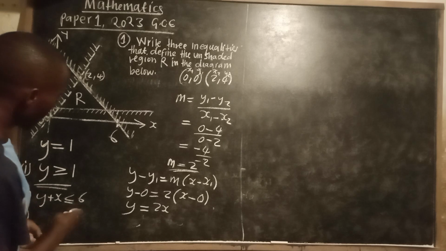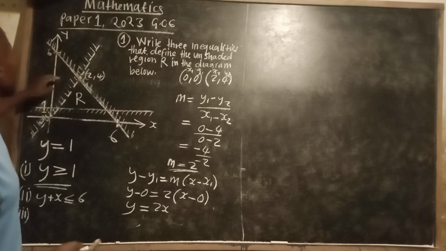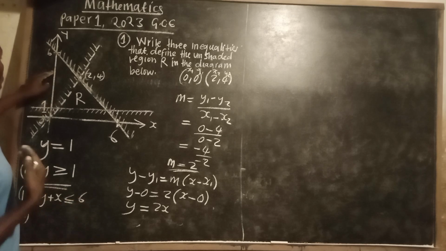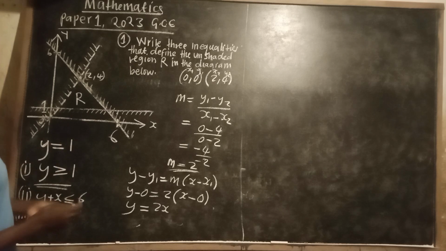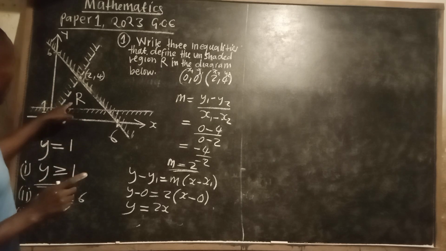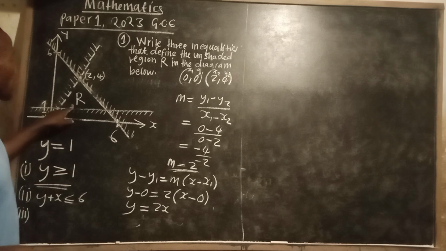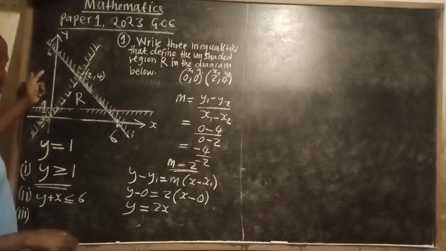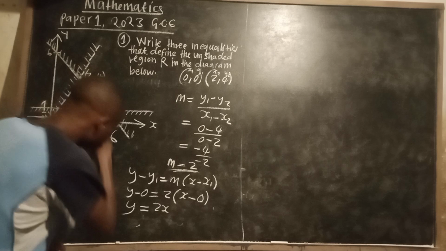So now the unwanted region is y greater than 2x. When writing, it is just the opposite, because you need to favor the feasible region, which is R, the unshaded region. The shaded region is greater, then unshaded is less. So unshaded is the one we are going to write.